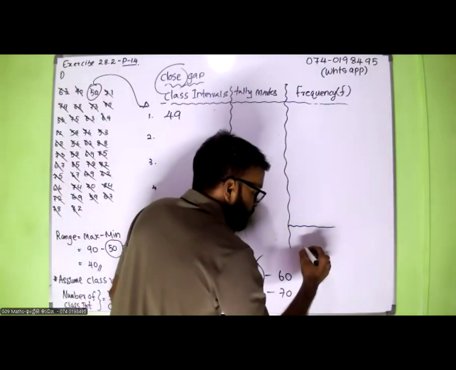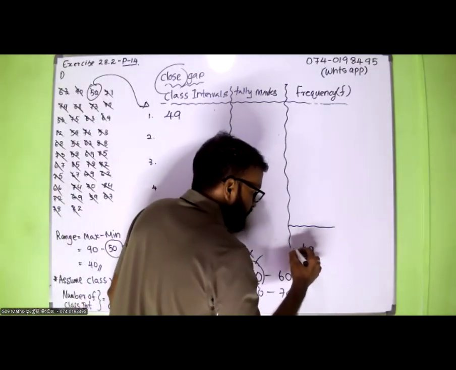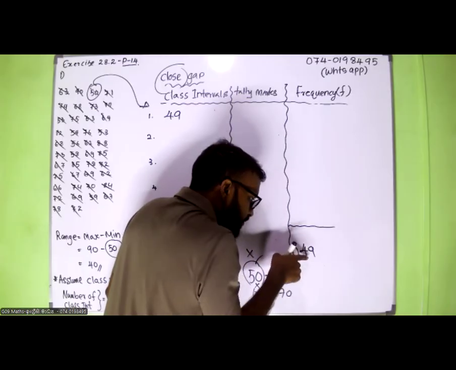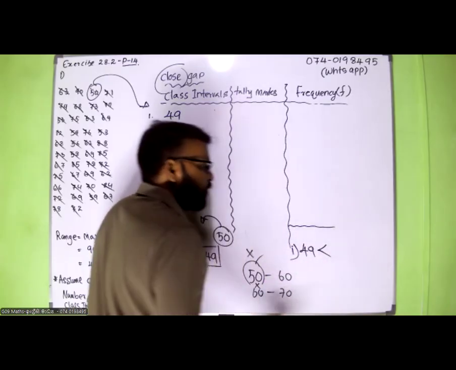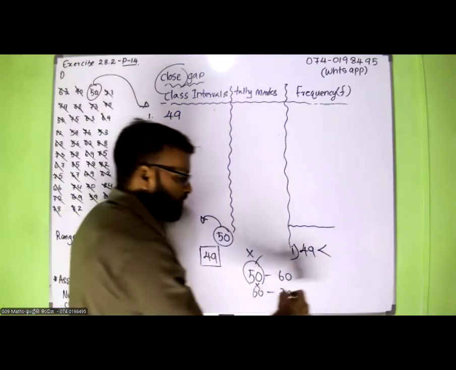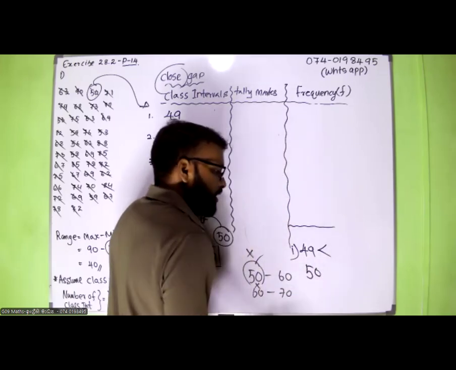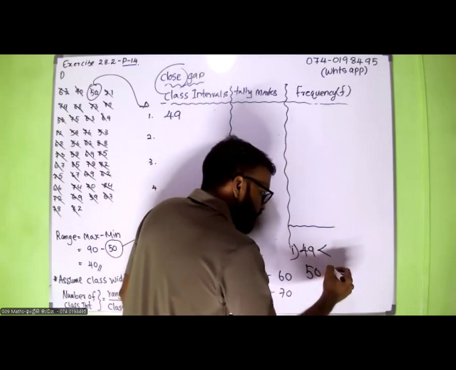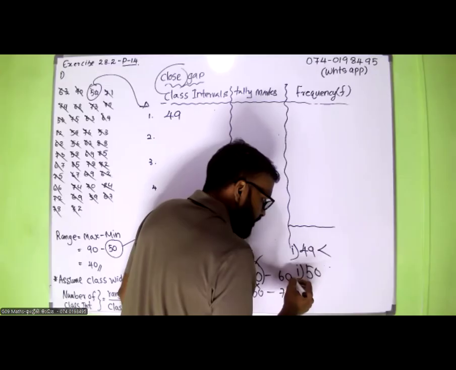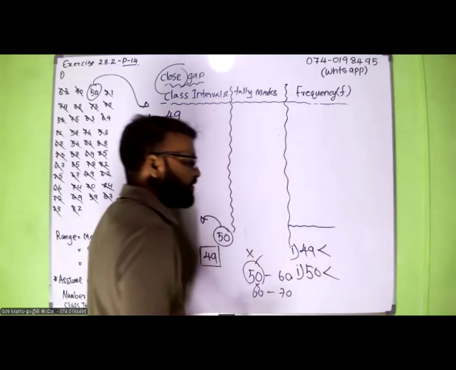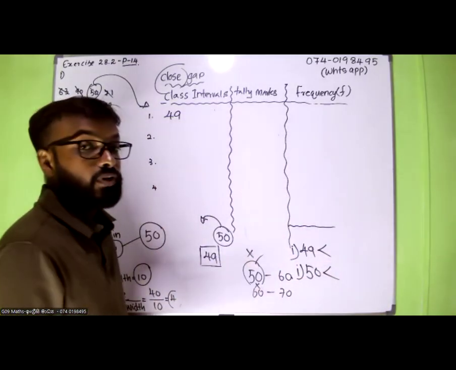Because you are going to put into the first class interval the values which are greater than 49. If you use 50, you are going to put the values into the first class interval which are greater than 50.